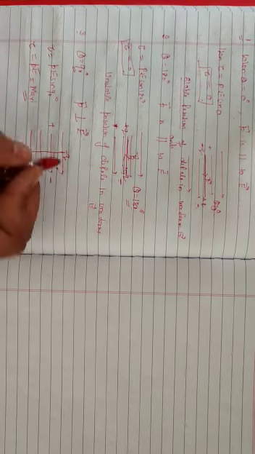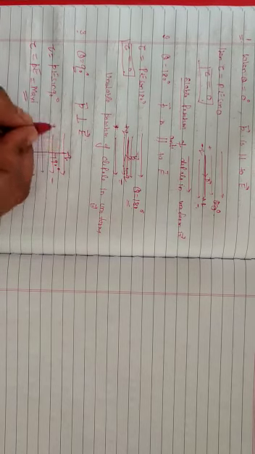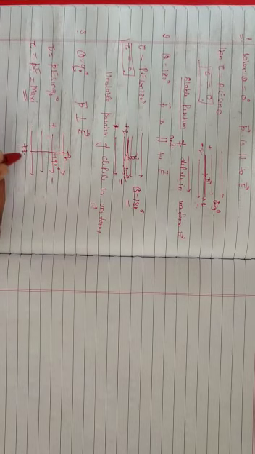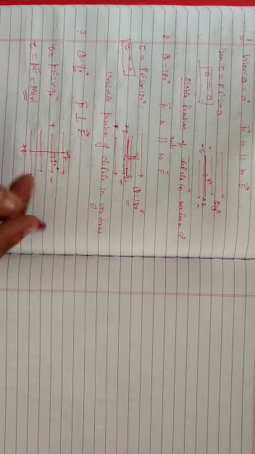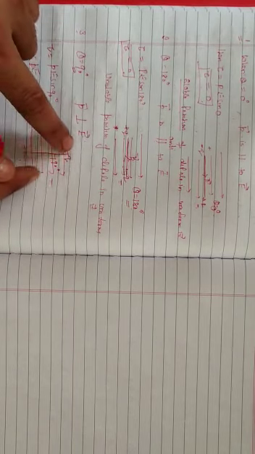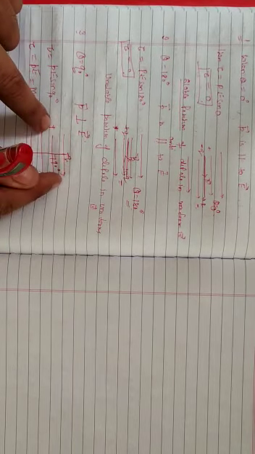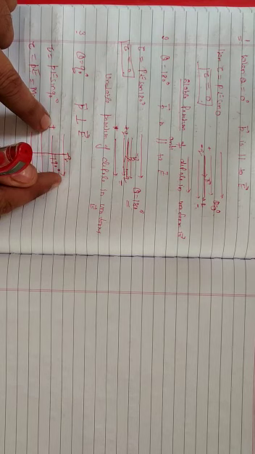Here the dipole will rotate. The negative charge will try to attract, while the positive is not trying to attract. So the dipole will rotate in this way and try to align in the direction of the uniform electric field and come to a stable equilibrium position.